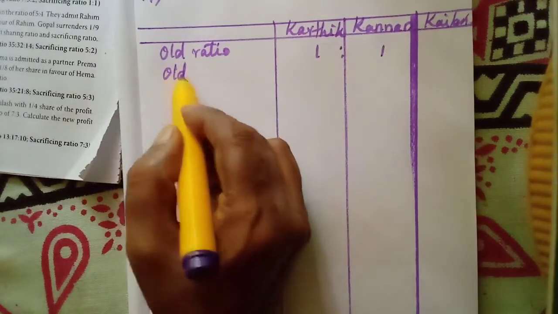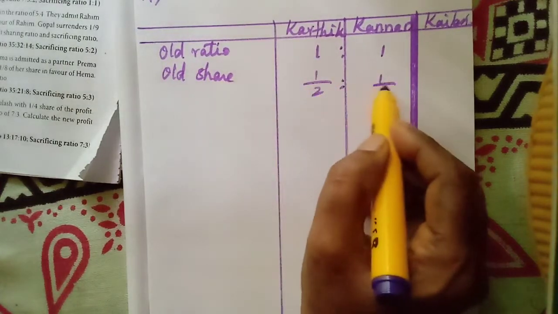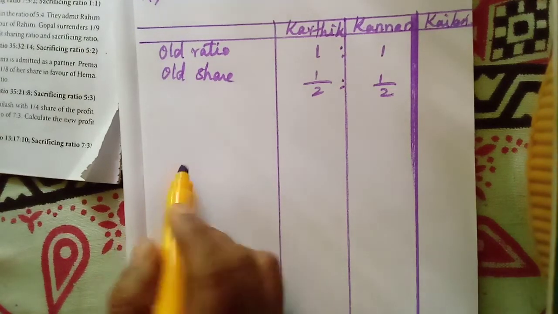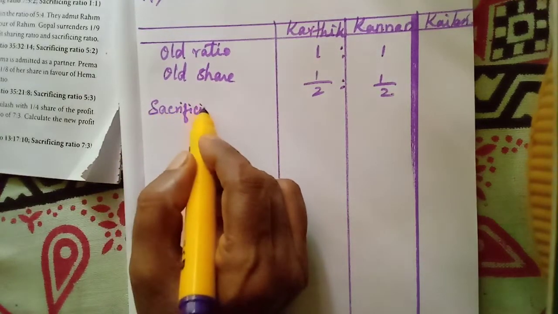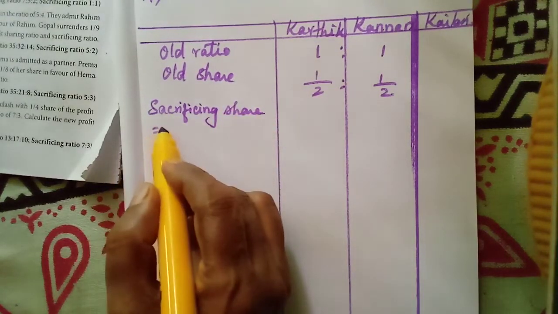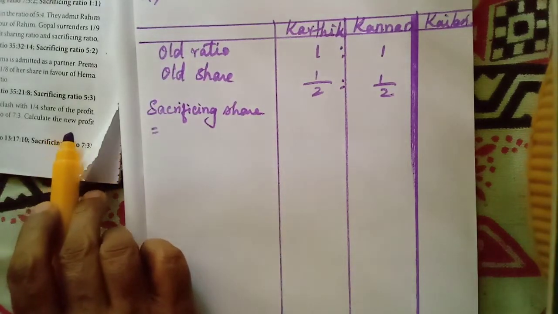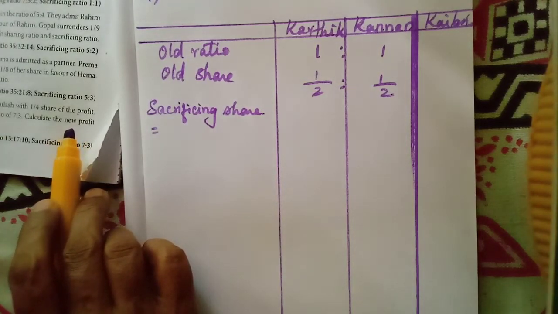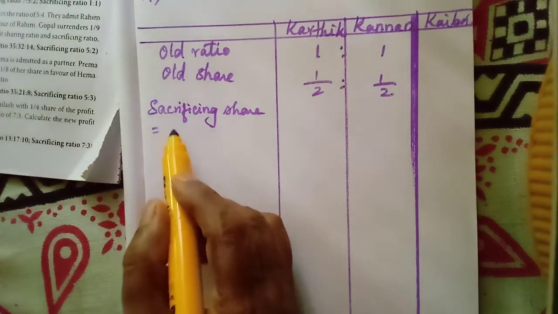So old share 1 by 2 is to 1 by 2. Now sacrificing share. Here new partner's share, you see, 1/4 share of profits. What's the question? Kailash acquired his share from old partners in the ratio of 7:3.